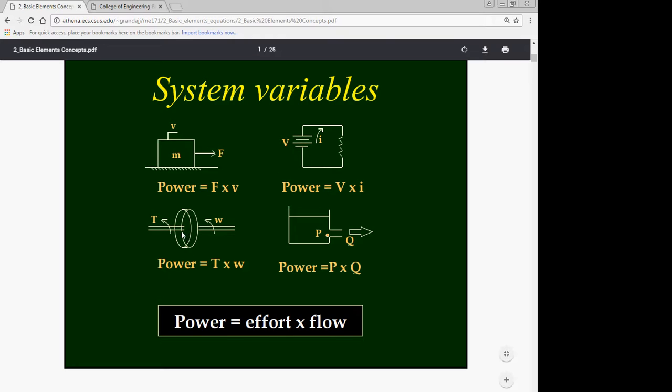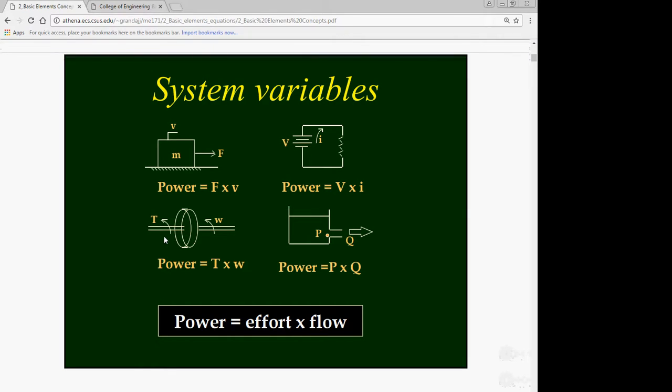We have a rotational system, which is a wheel in this case, and the variables on this wheel are the torque that is applied. If a torque is applied, then you have an angular velocity that results. You have on this one a hydraulic system where the variables in question are the pressure and the volume flow rate.